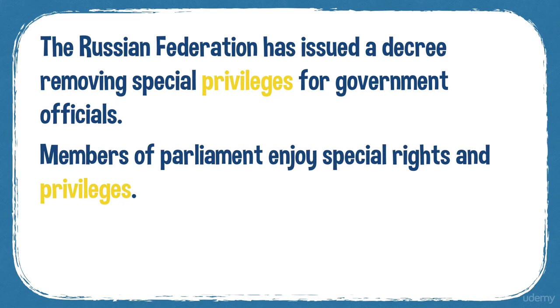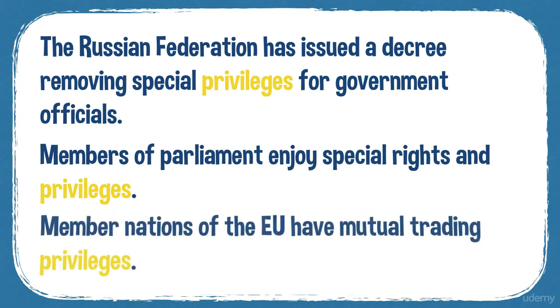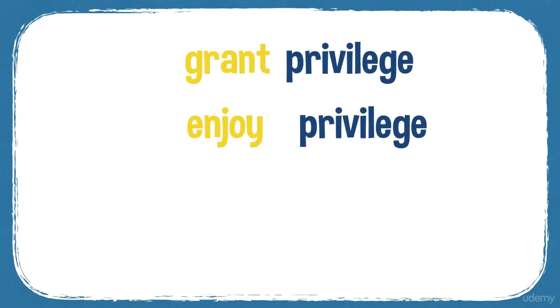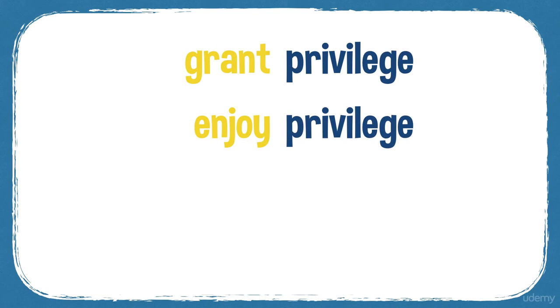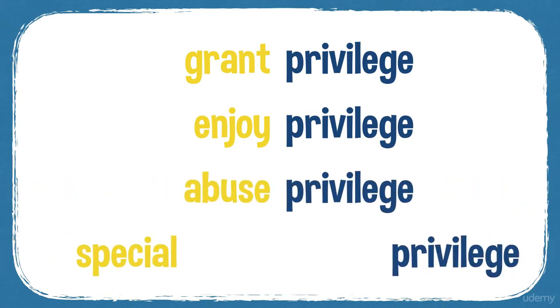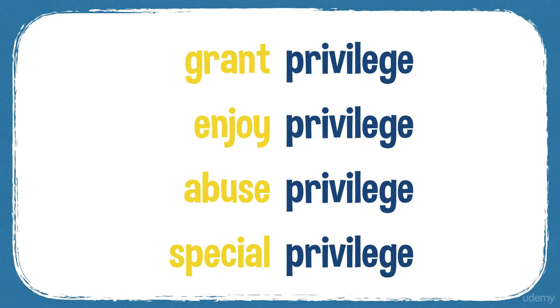Members of Parliament enjoy special rights and privileges. Member nations of the European Union have mutual trading privileges. And you can grant a privilege or you enjoy a privilege. But you can also abuse a privilege, and you can often have special privileges too.